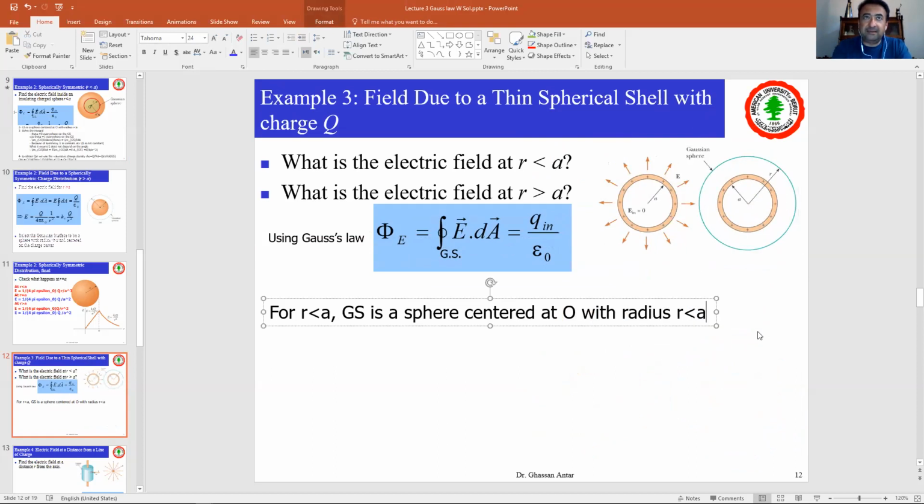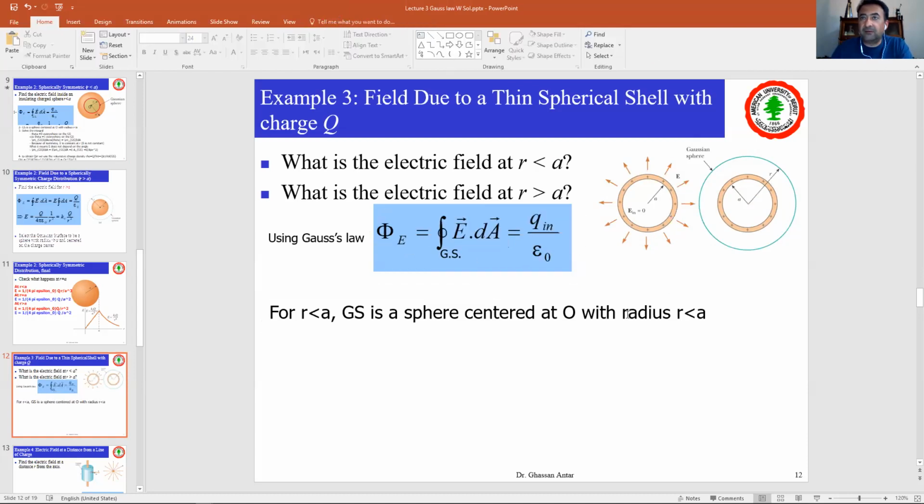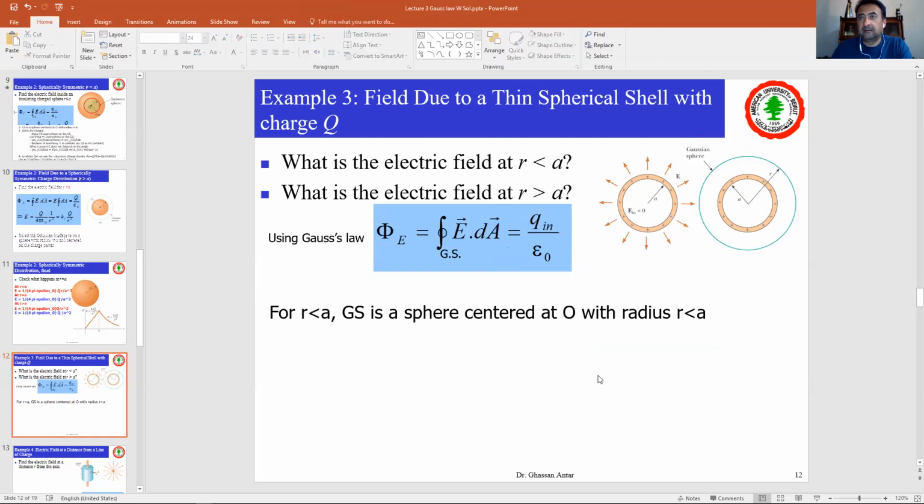So the integral of E dot dA is equal to how much? Now in this case, O is here, and that's the center, with radius r.